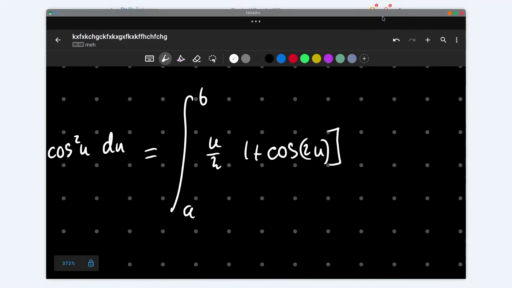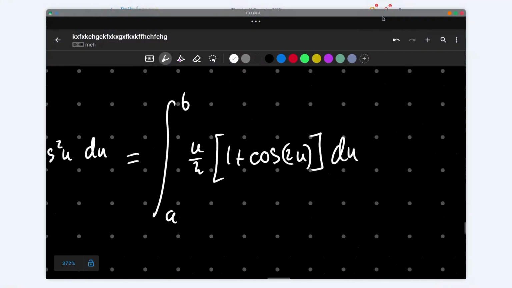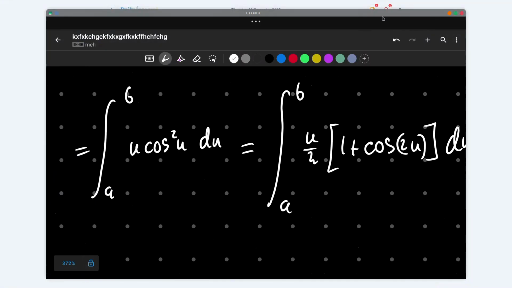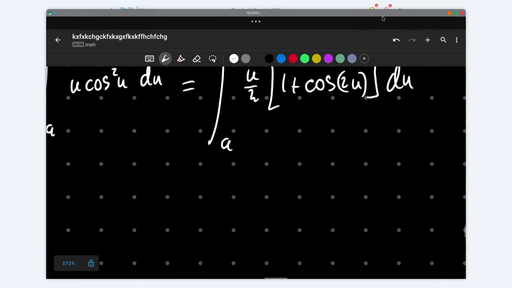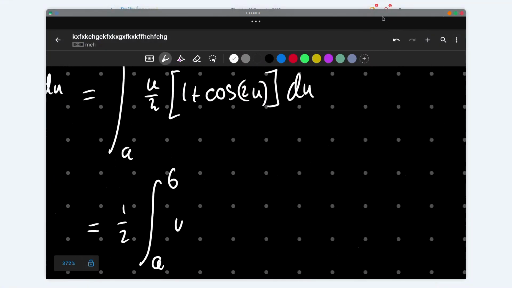This is also very messy. du. So that would be that. Both are multiplied by u. So one of them is easy to integrate, the other one's a bit more annoying.